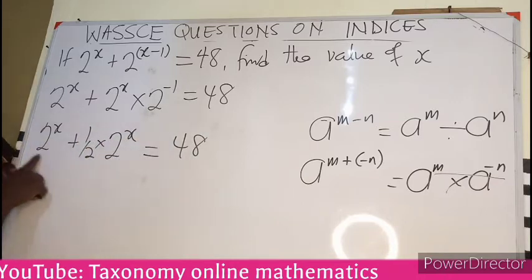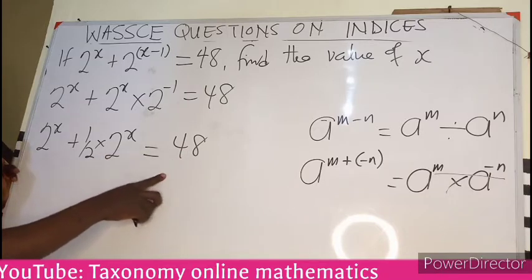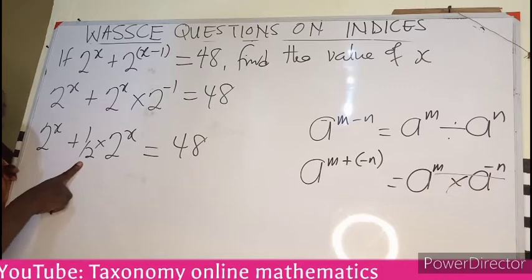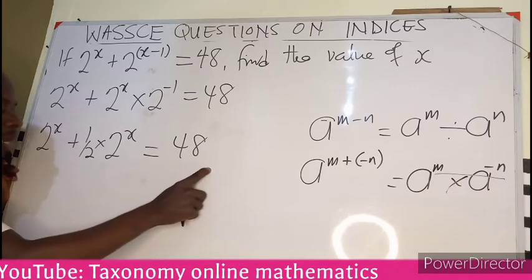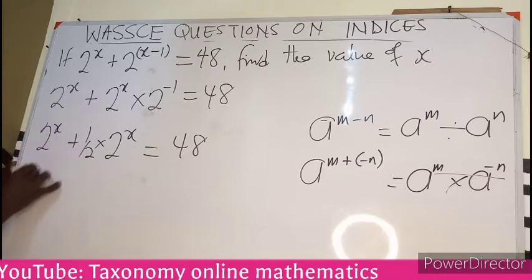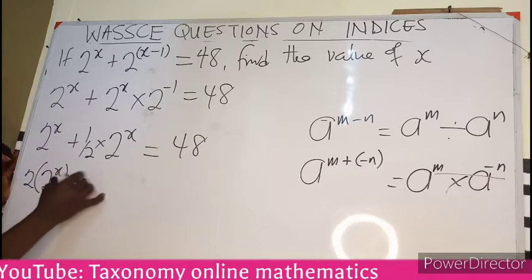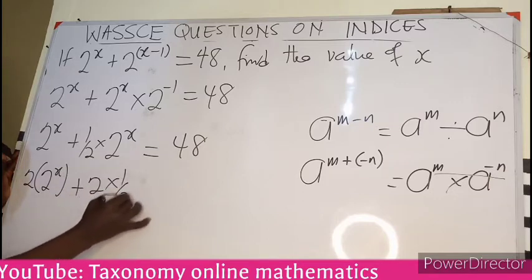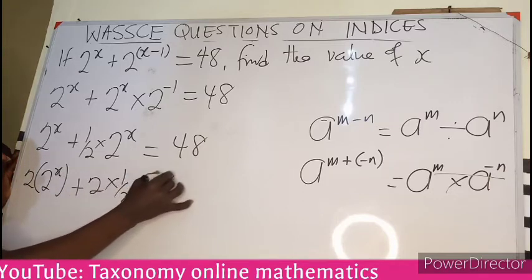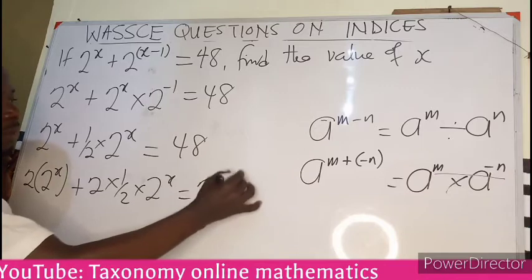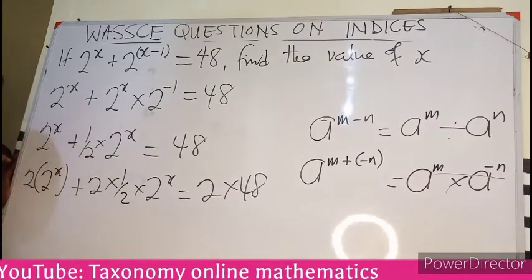So now you can see we are having a fraction. We are trying to have a simple term. So we can clear the fraction from here by using the LCM, which is what? 2. So I'm multiplying through by 2. So 2 is multiplying 2 exponent x, plus 2 is multiplying 1 over 2 times 2 exponent x, then 2 times what? 48.